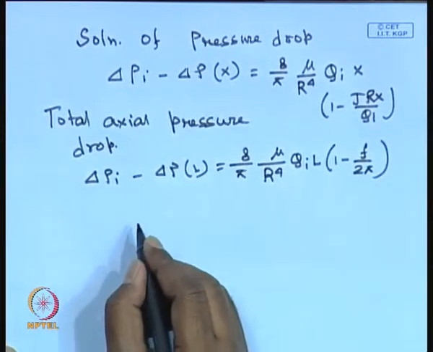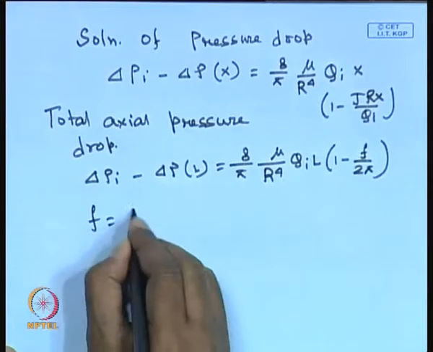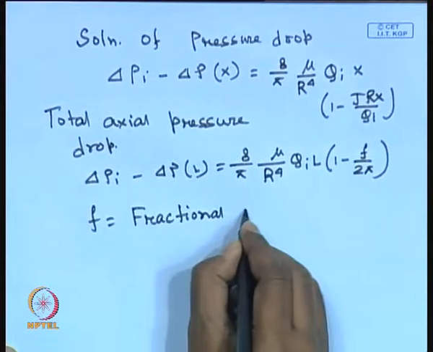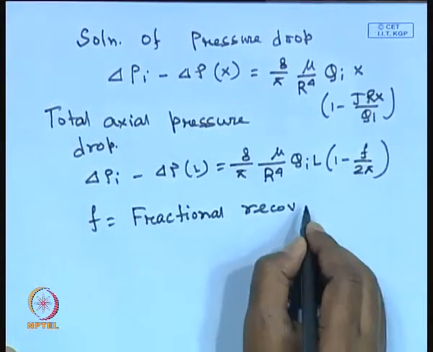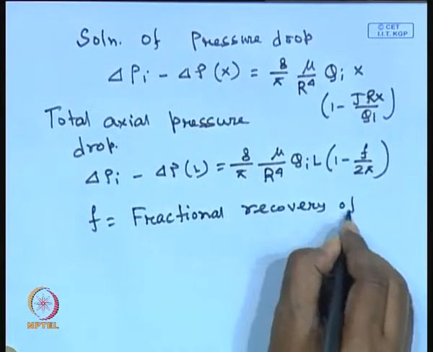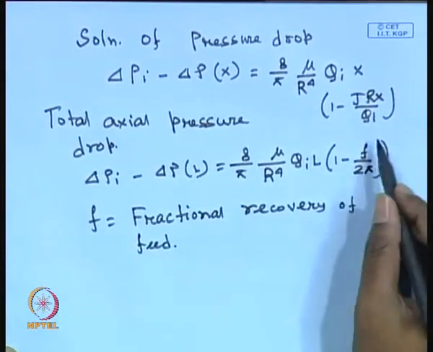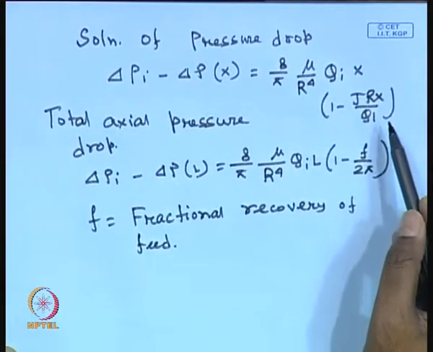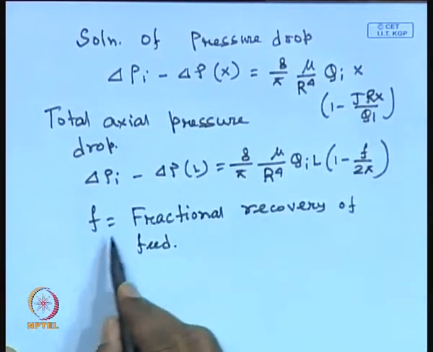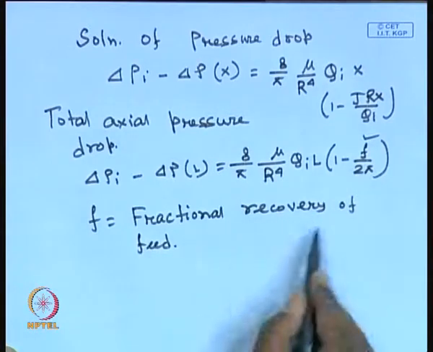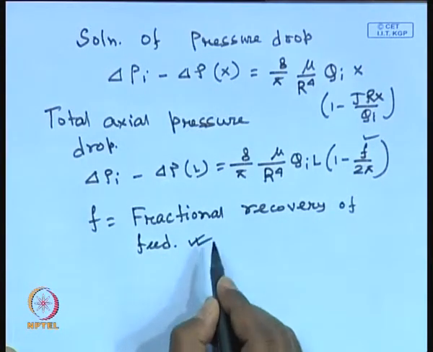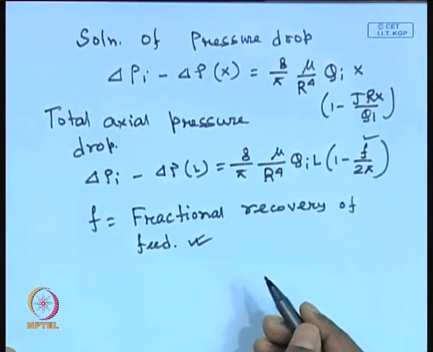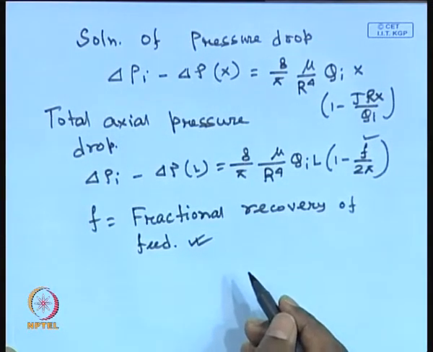So what is f? f is nothing but the fractional recovery of the feed. 2 pi is multiplied on both sides, that will give you a 2 pi R L, and 2 pi R L is the total surface area. So f really gives you the fractional recovery of the feed. That is very important: how much of the feed can be recovered in the permeate so that the system becomes feasible.